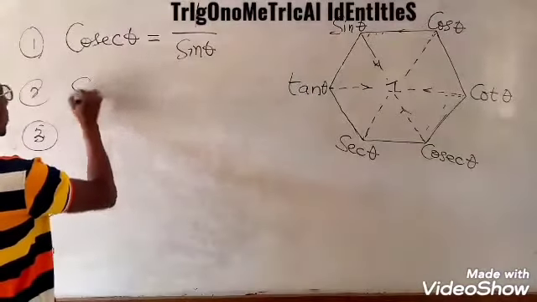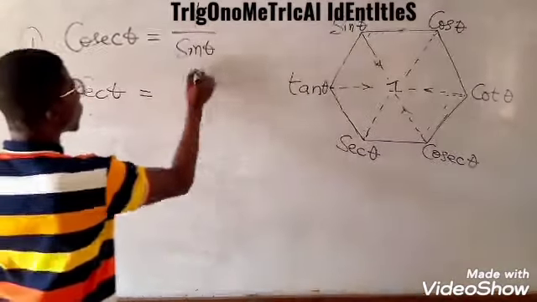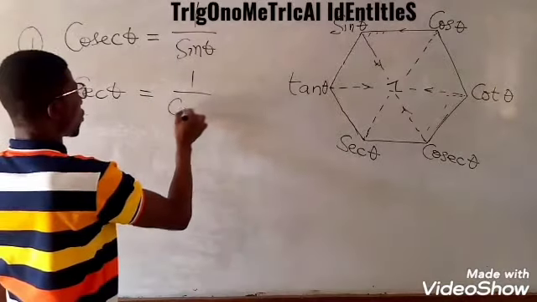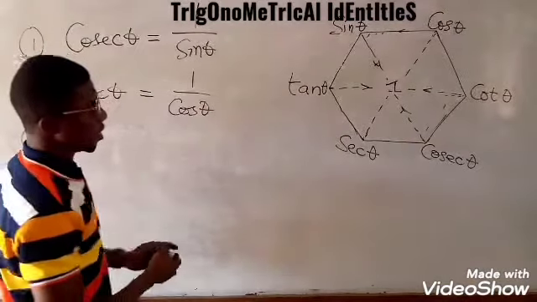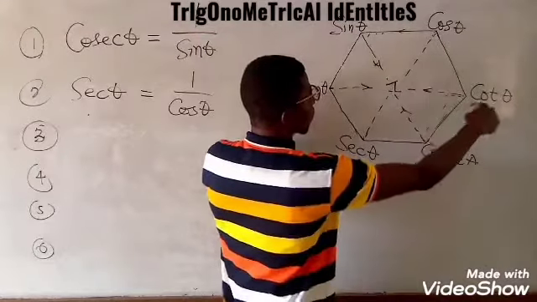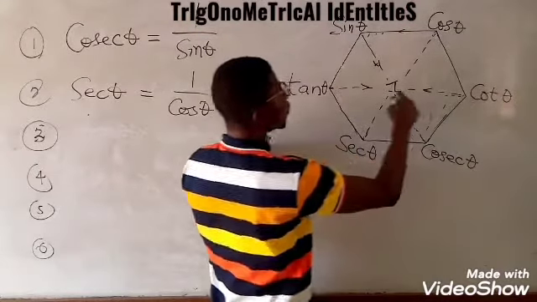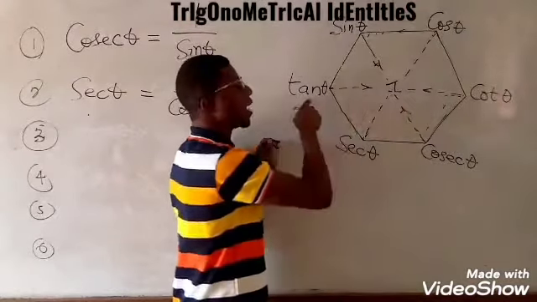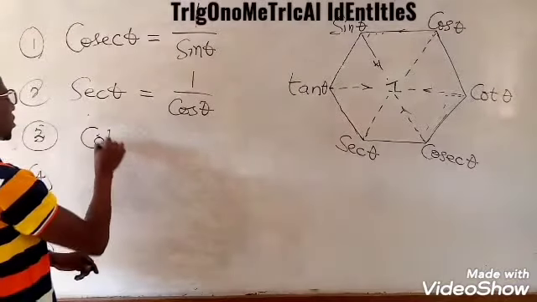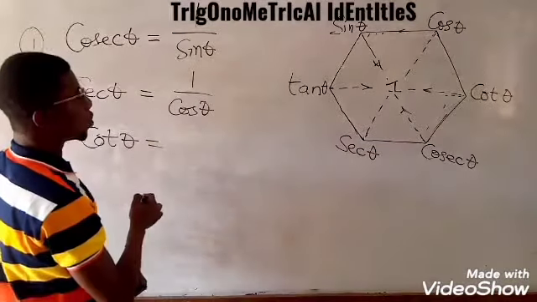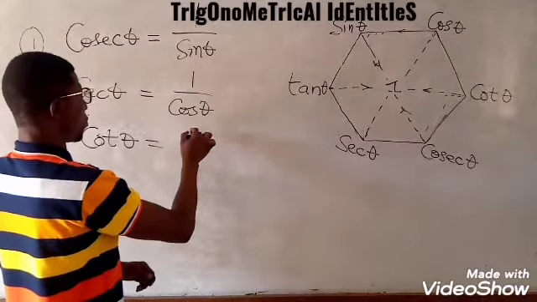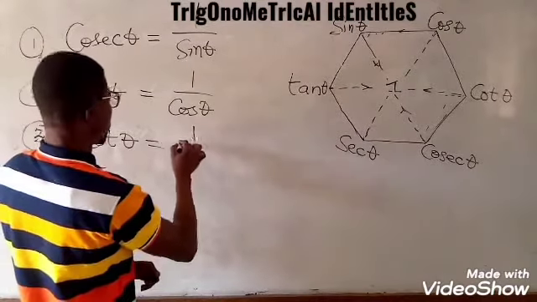So sec theta is equal to 1 divided by cos theta. If you take along this diagonal as well, cot theta is equal to 1 divided by tan theta.